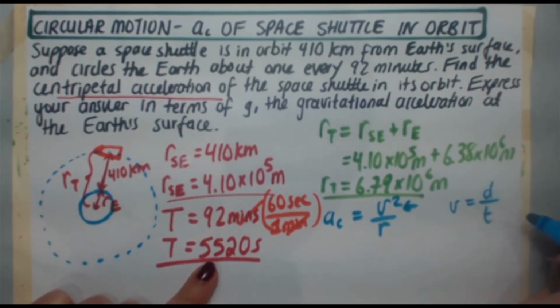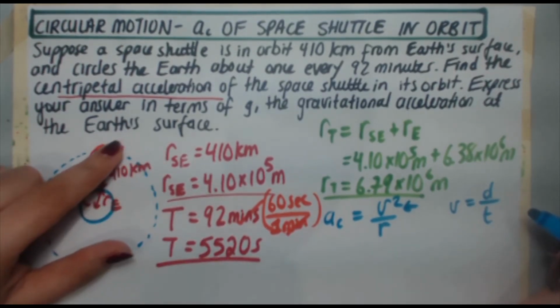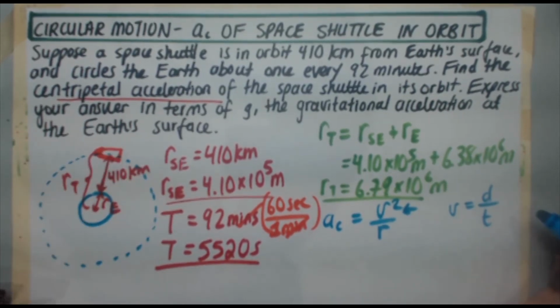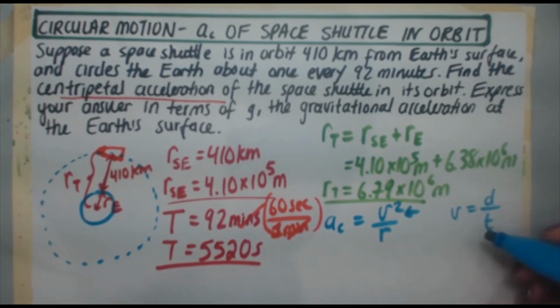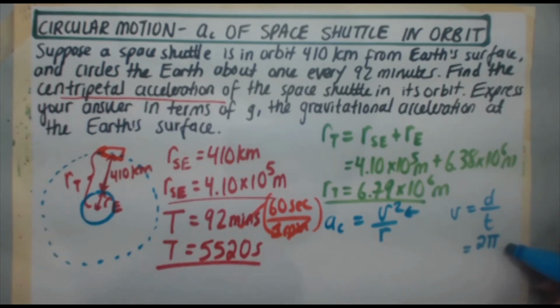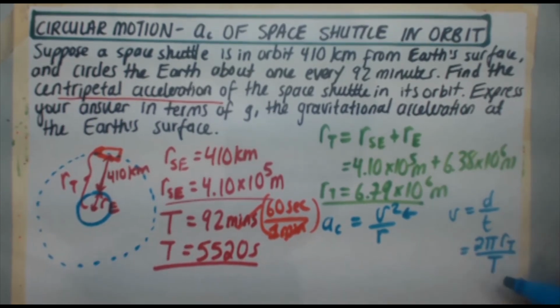The time is the period for it to go around once. The distance is the circumference of a circle that has radius R_T, and the time is capital T for the period.